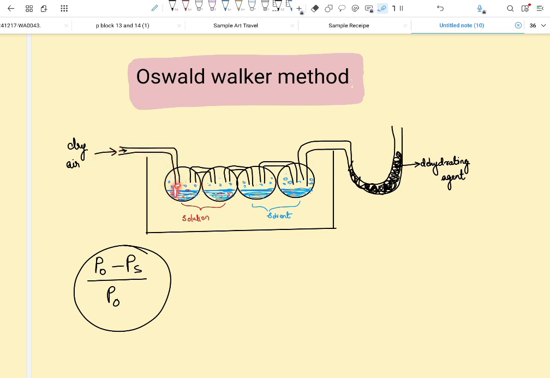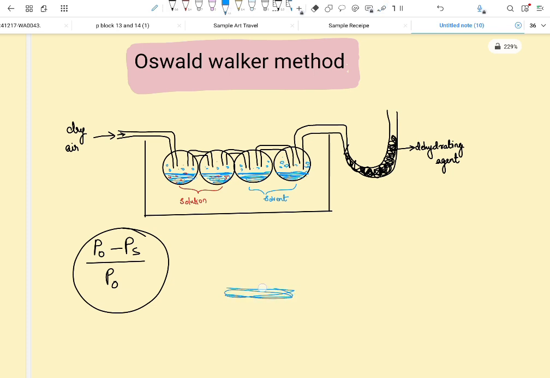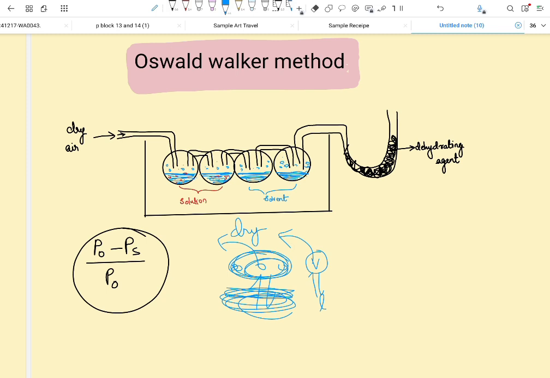Once the vapor phase molecules have been absorbed by dry air, the equilibrium between vapor and liquid gets disturbed, right? Once the vapor is removed by dry air, what will happen? Again the liquid will vaporize back to vapor. So there will be a decrease in mass, a weight loss, of the solution.